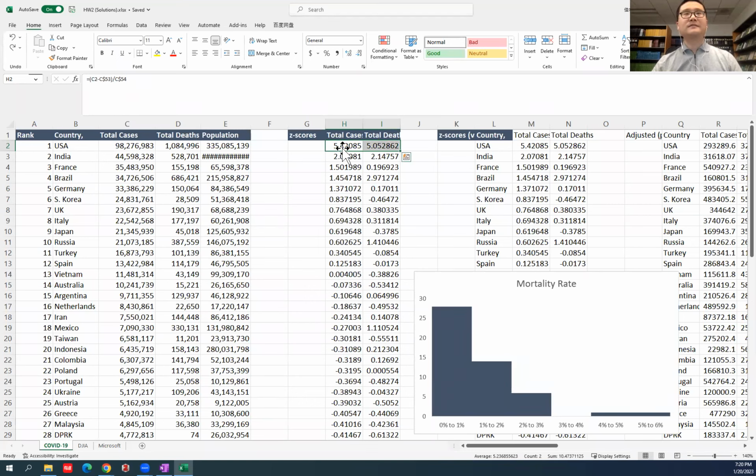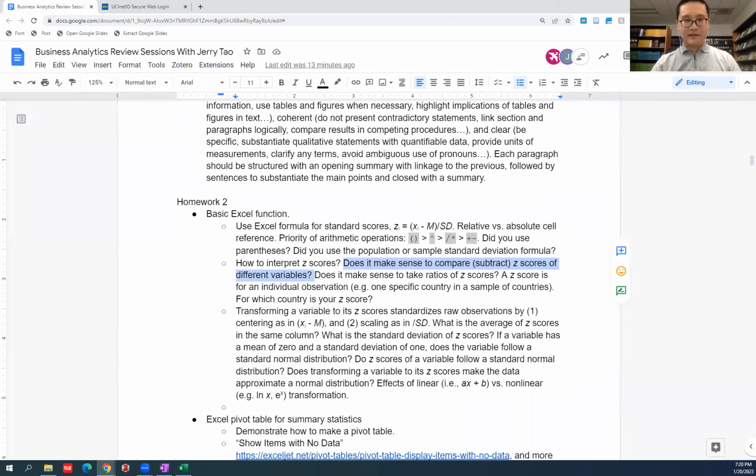If we say this 5.42 is larger than 5.05. I would like another volunteer student to answer this question. Does it make sense to compare or subtract z-scores from different variables?